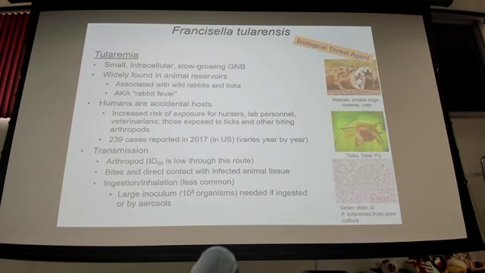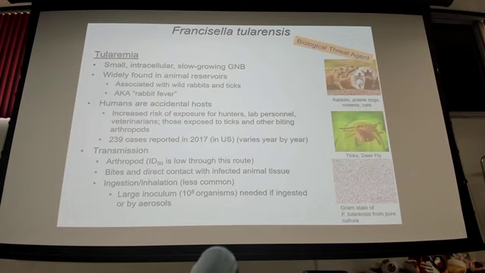Tularemia, Francisella tularensis, another slow-growing gram-negative rod biological threat agent. Make sure you know this one. Some routes of transmission for Francisella tularensis. Rabbits and ticks. Rabbits and ticks, yes.